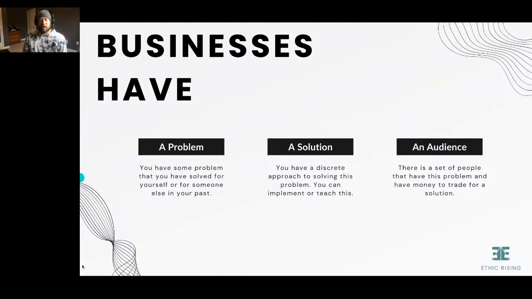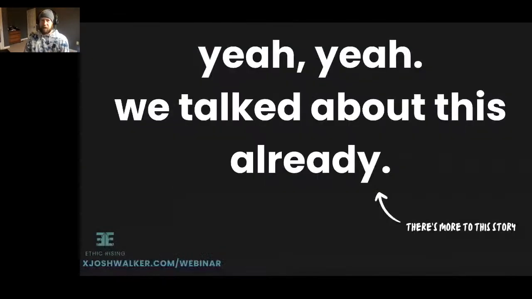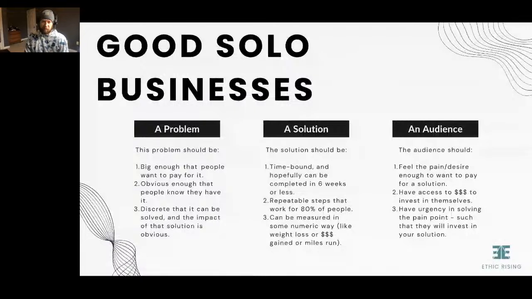We talked about this already, but there's more to the story, because good solo businesses have a problem that's big enough that people want to pay for it. It's obvious enough that people know they have it. This is a challenge a lot of people run into: they're selling some solution to a problem that people don't know they have.